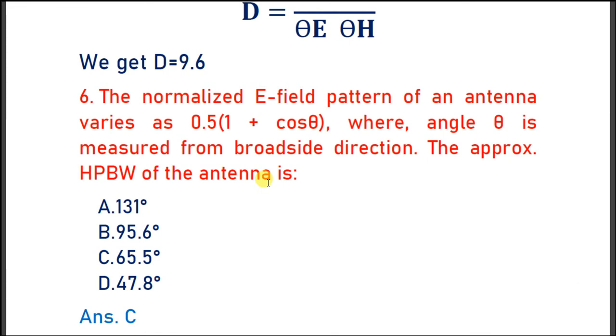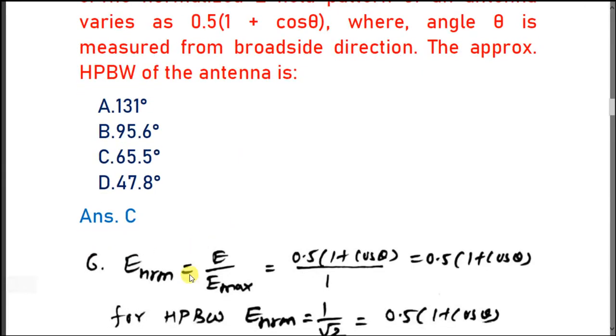E normalized is equal to E divided by E max. E is given to you as 0.5 (1 plus cos theta). You have to find E max, that is the maximum value. For maximum value, put theta equal to 90. So cos 90 is equal to 1. Maximum value of cos theta is 1. So 0.5 multiplied by 1 plus 1 gives 1.